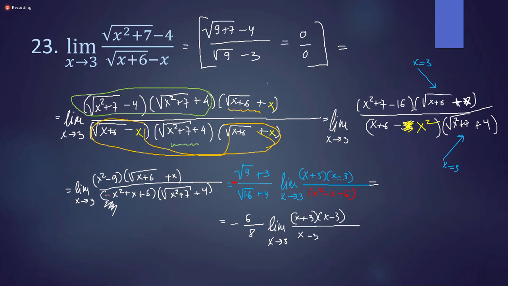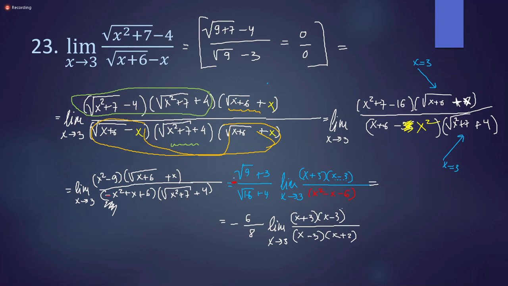I'm reminding you that if you see x minus 3 as the zero factor in one of the polynomials, for example, in the numerator, then you can be very sure that the same zero factor will show up in the denominator as well, if that makes it easier for you to factorize. Now we can cancel out the zero factors.